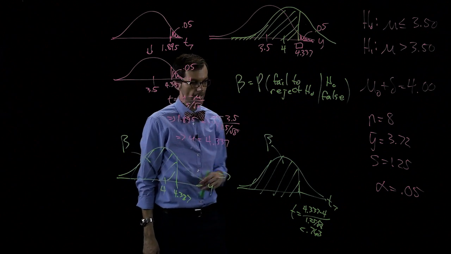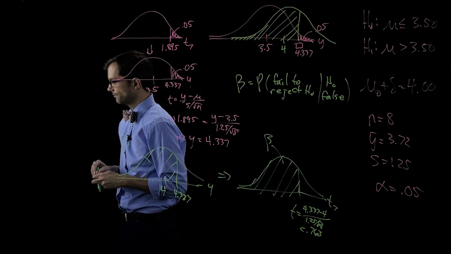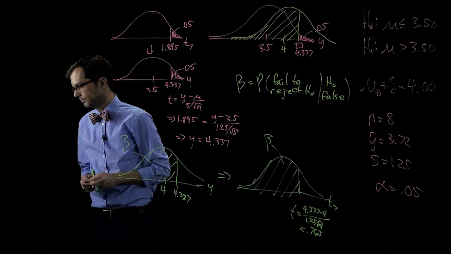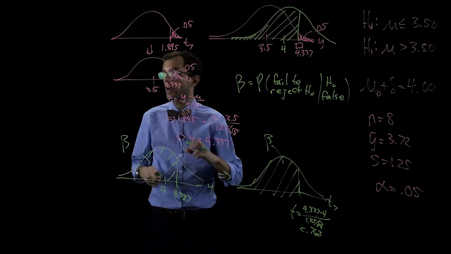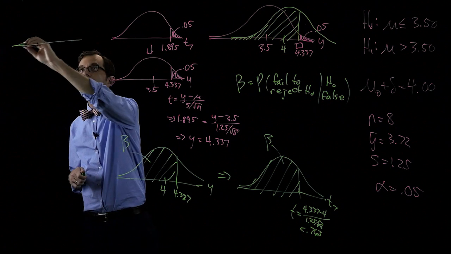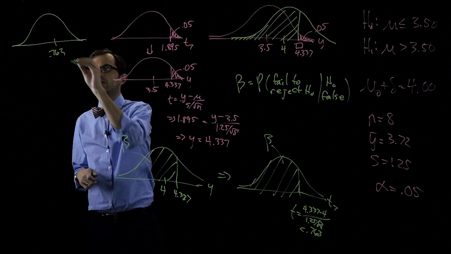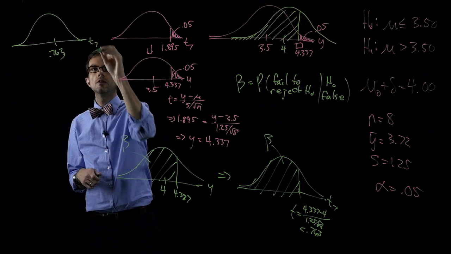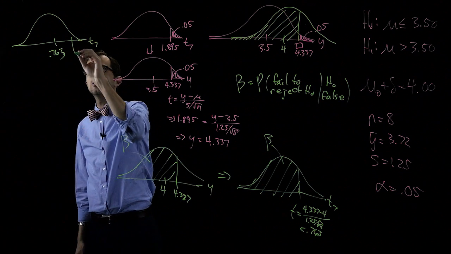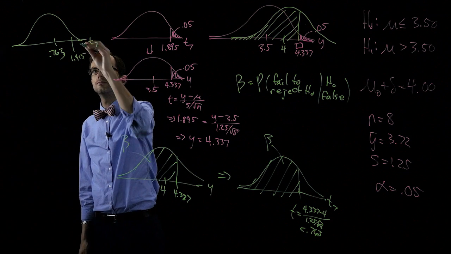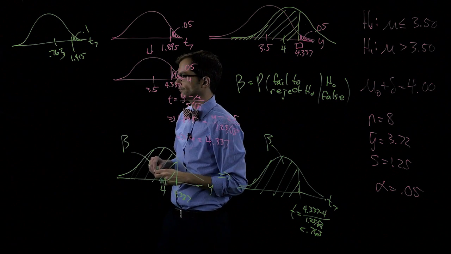Now we can go look that up in a t-table, or we can look up something close to it. The closest we're going to get to 0.763 for degrees of freedom 7 is a value 1.415, and that's associated with 0.1 in the upper tail.